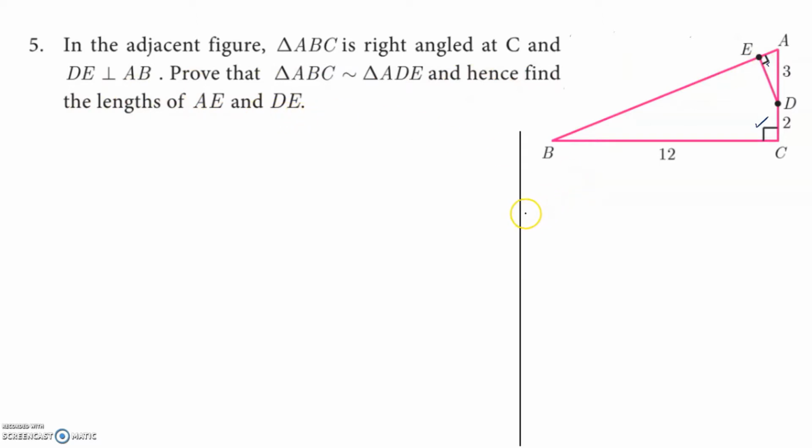Now first to prove that they are similar, you can see that in triangle ABC and triangle ADE, angle A is common and angle AED is equal to angle ACB, and they are 90 degrees.